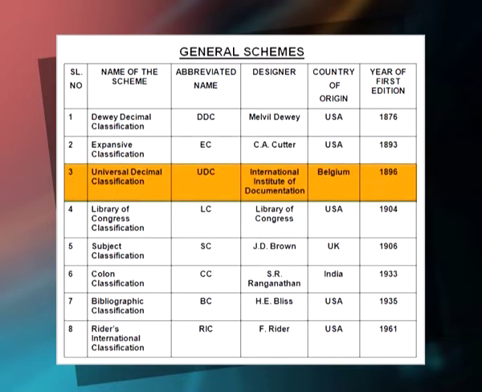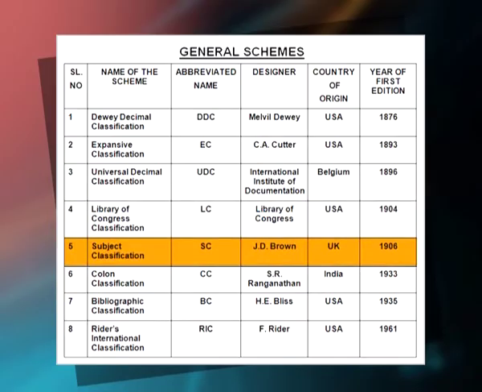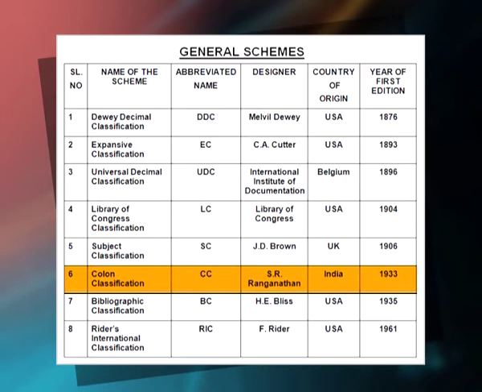Third, Universal Decimal Classification UDC, designed by International Institute of Documentation, Belgium, 1896. Library of Congress LC, designed by Library of Congress US, 1904. Subject Classification SC, designed by J. D. Brown UK, 1906.